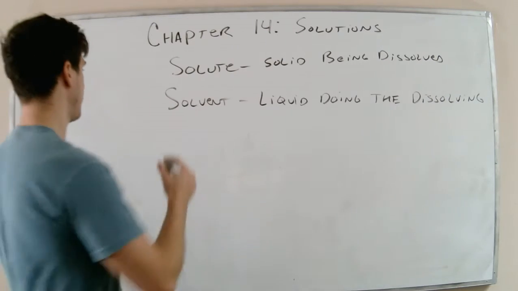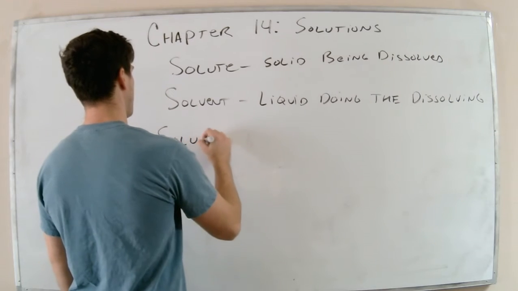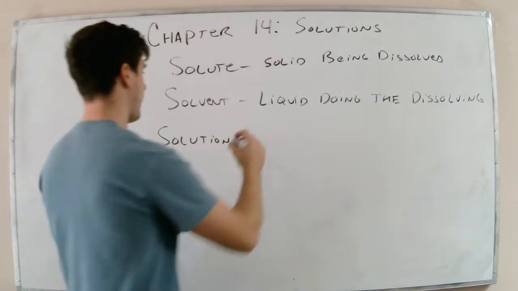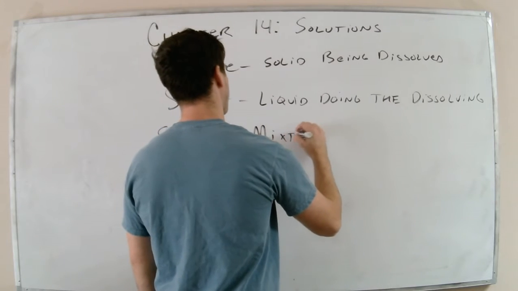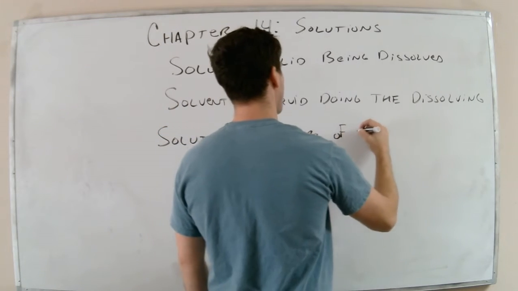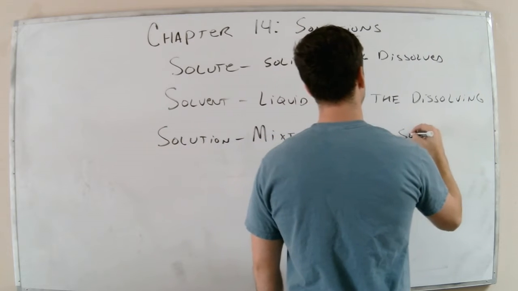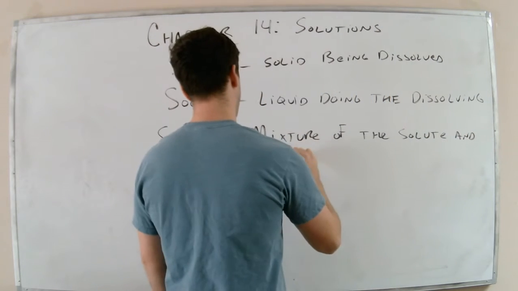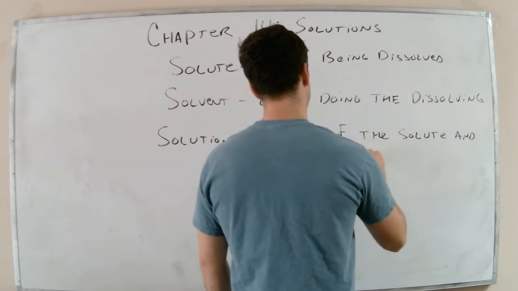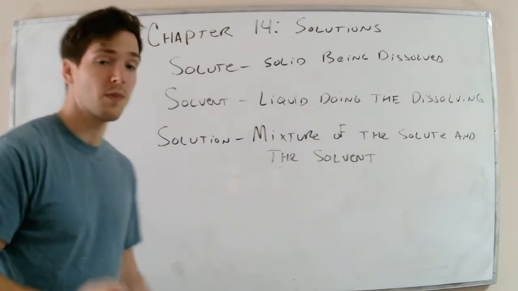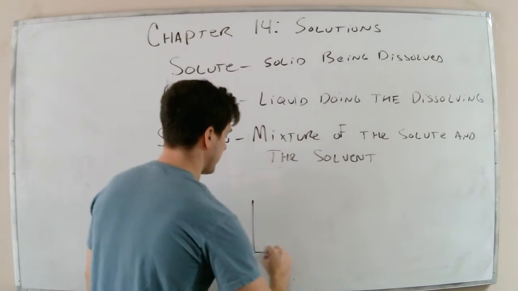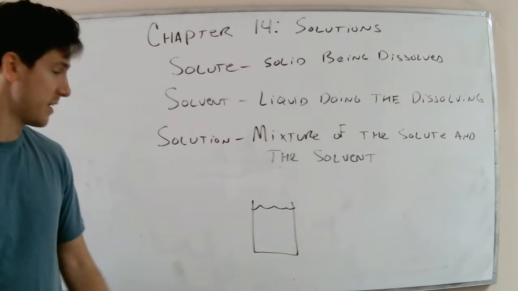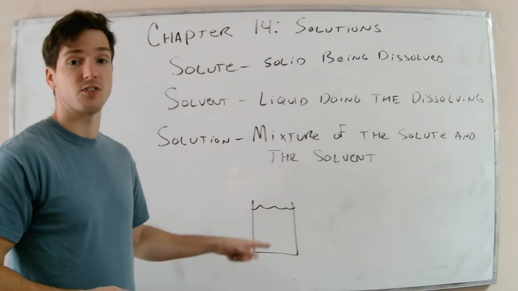The next thing is a solution. All right, a solution is a mixture of the solute and the solvent, right? So if we have our beaker here and it's filled with water, that water right there is our solvent.